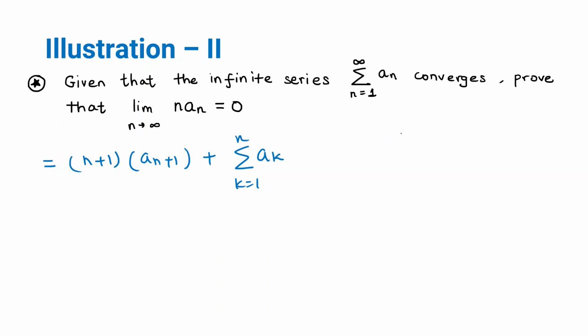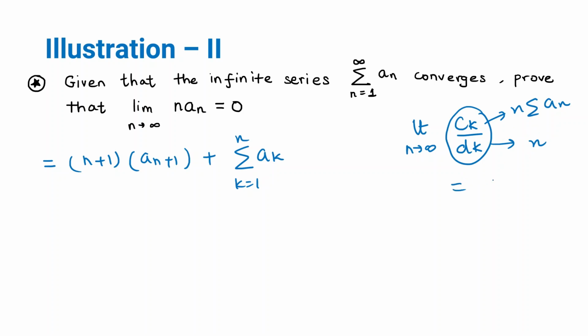But just remember that we know the limit as n tends to infinity of c_k by d_k. We had taken c_k to be n times the summation of a_k, and d_k to be nothing but n. So we can get rid of this n, and this is the summation of a_k divided by n. The summation from k=1 to n is convergent, so it tends to m by our hypothesis.